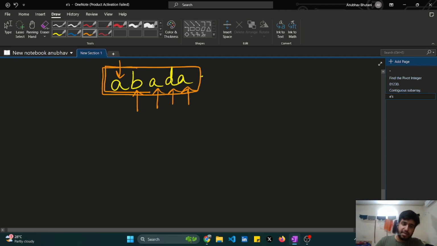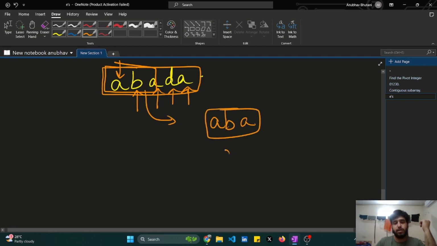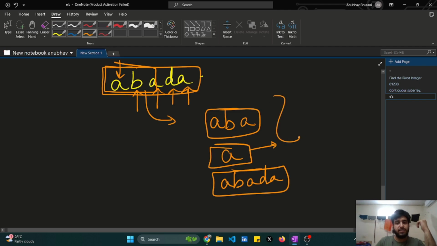And whenever I see that the substring is following the condition, that is, starting and ending with A, okay, these are my valid answers, and I am gonna be increasing my count for this.